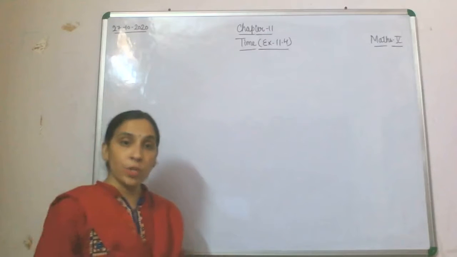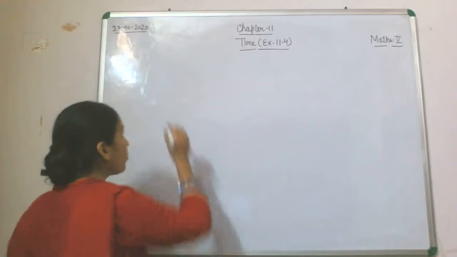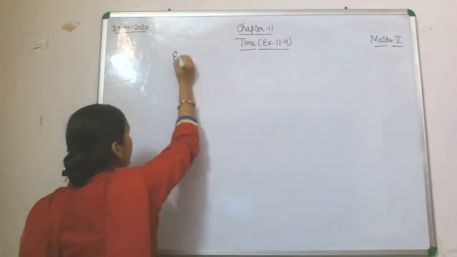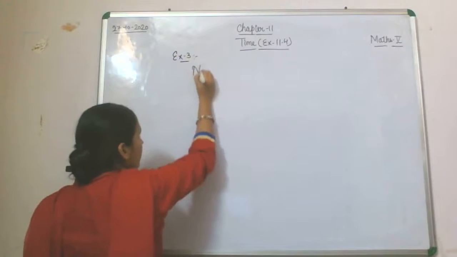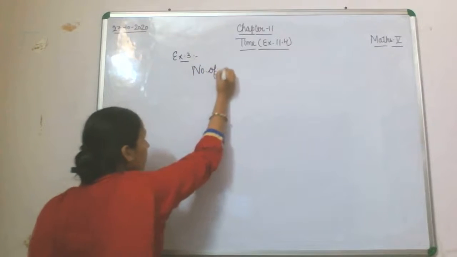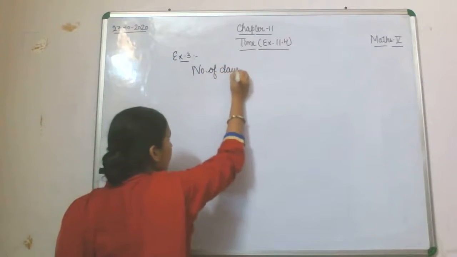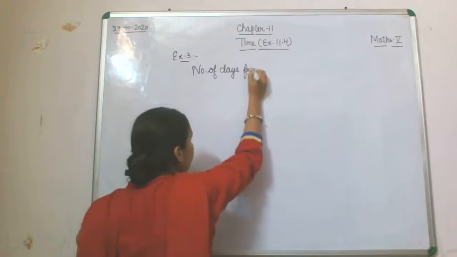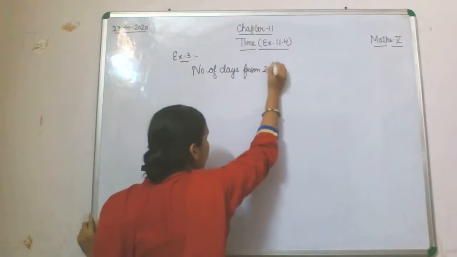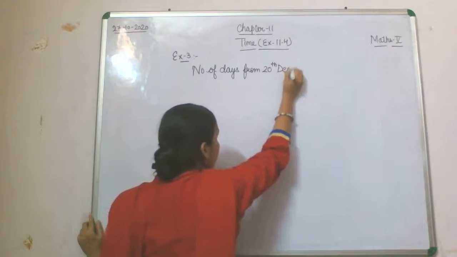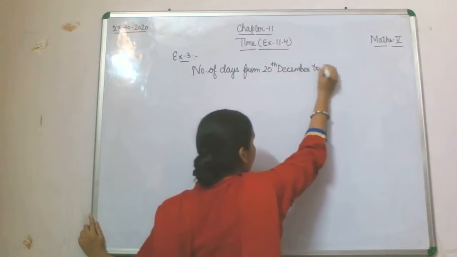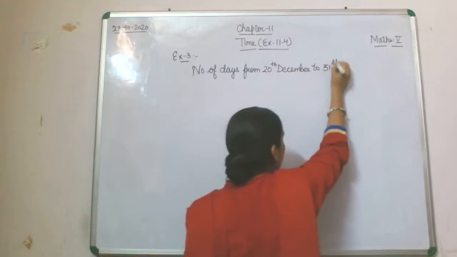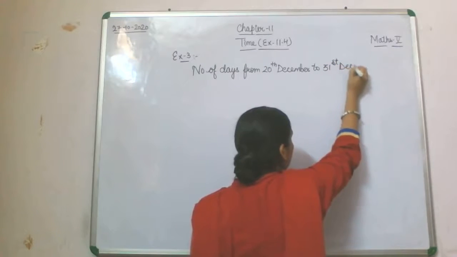So let's do it, and we'll understand how you are going to do questions from the exercise, example 3. First, the number of days from 20th December to 31st December.